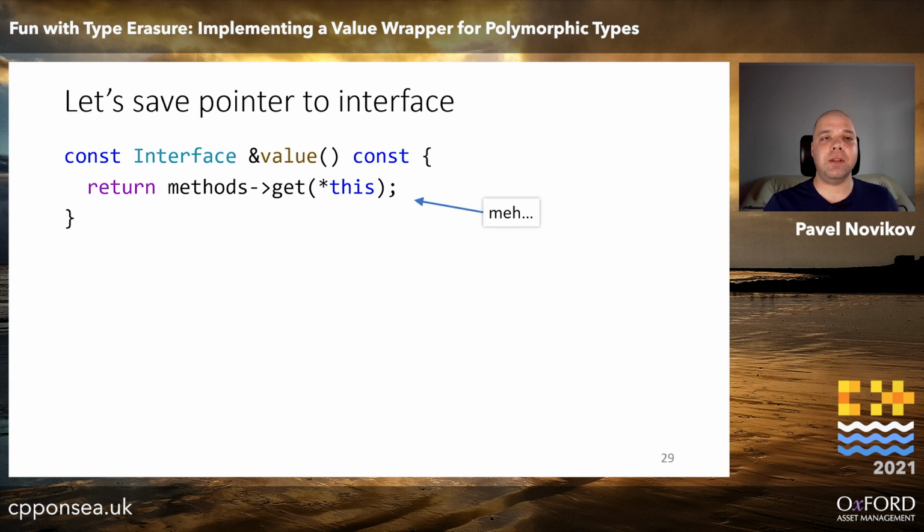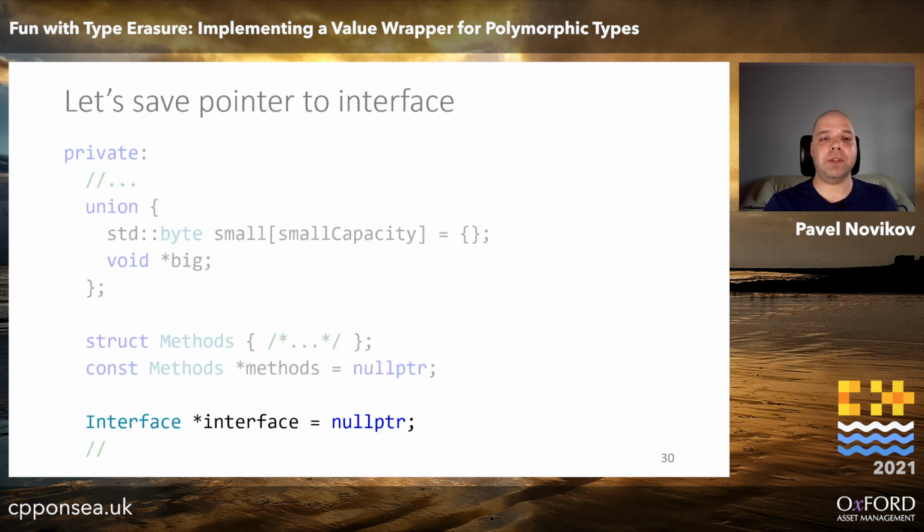So let's do a trade-off. When we get a reference to the value, we have to call a function by pointer, and this can be expensive. If we frequently want to get access to the value, it can be expensive. So let's sacrifice a couple of bytes and store a pointer to the interface in our object.